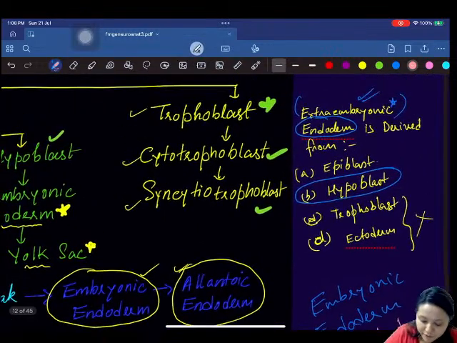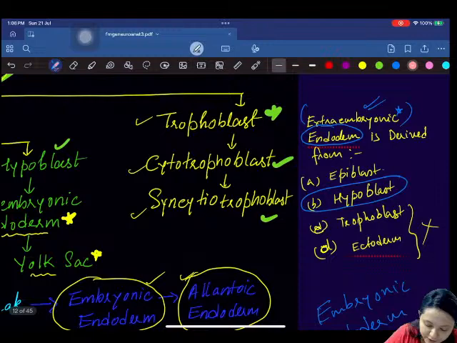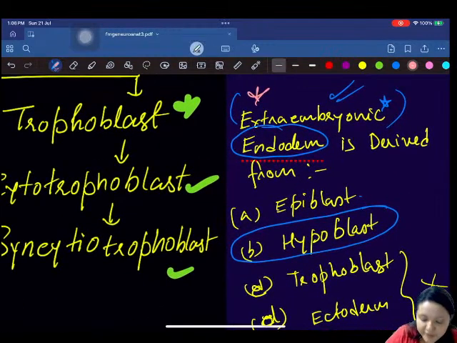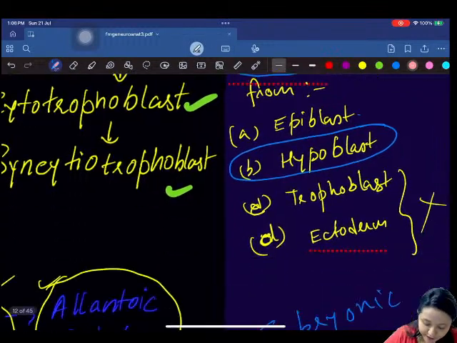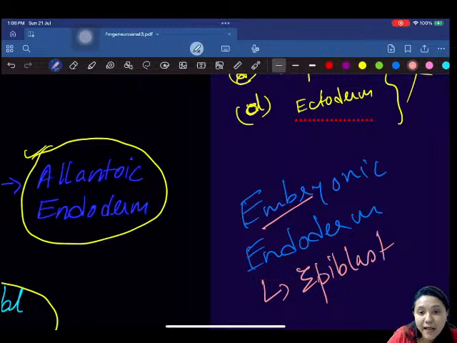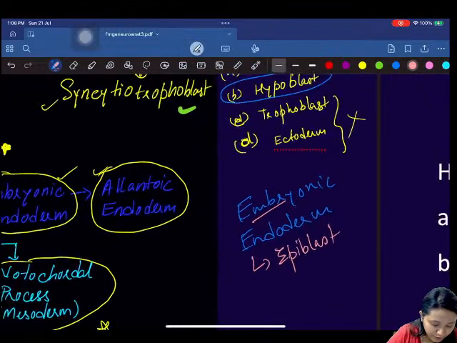But you have to see the question. If the word is extra embryonic endoderm, then it is derived from hypoblast, and if they have mentioned embryonic endoderm, then it is derived from epiblast. You have to see the question properly.